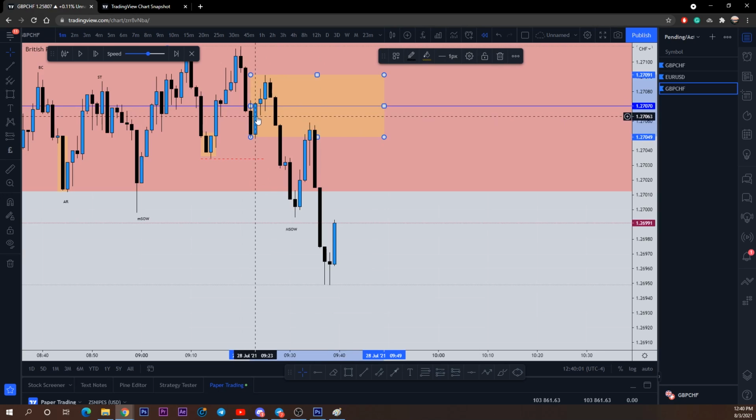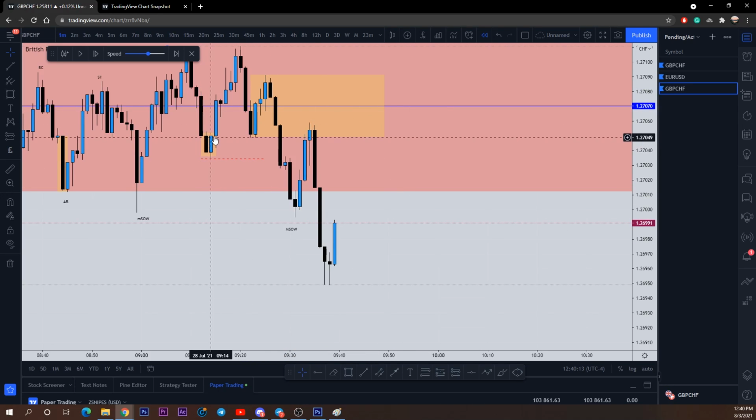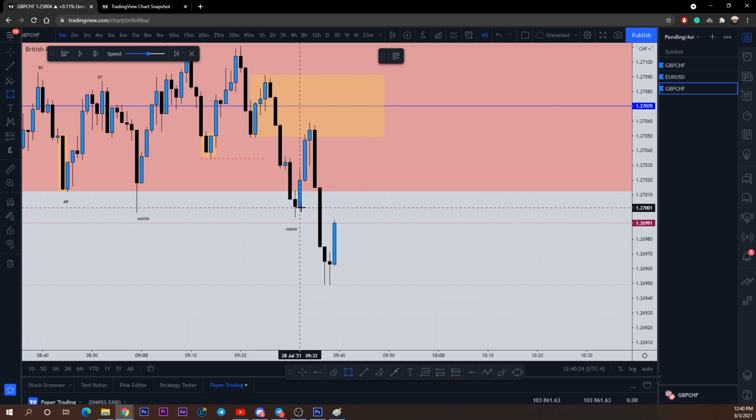So initially this is a supply, right? This is a demand turned into supply. Like I've explained in my recent videos, once you have a reaction off of a demand area, which is here, and it ends up failing, this reaction turns into supply. So this is our supply. So this reacting inside this supply, what does it become? Supply.